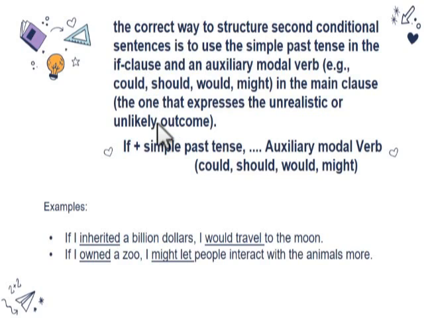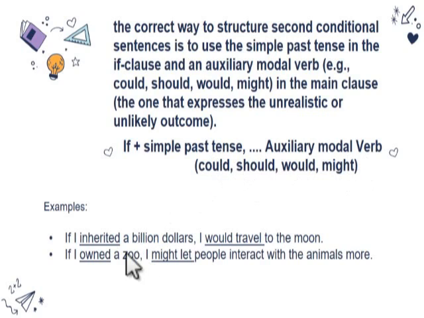This is the one that expresses the unrealistic or unlikely outcome. This is the main clause. Okay, this is the formula: if plus simple past tense, and then followed by an auxiliary modal verb. You can use could, should, would, or might.